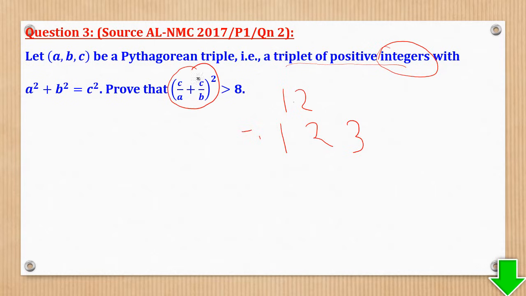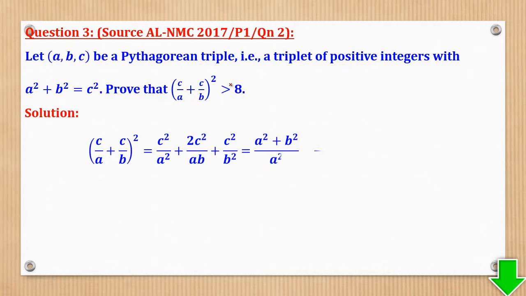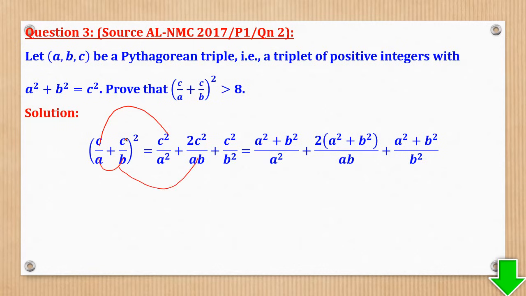Prove that this is greater than or equal to 8. Okay. So let's begin by expanding it using the identity. This squared, then plus the middle term, which is 2 times this, then this squared to give you that.